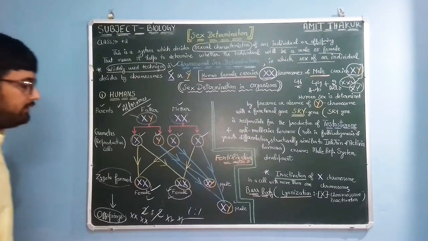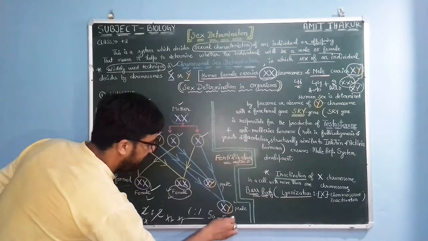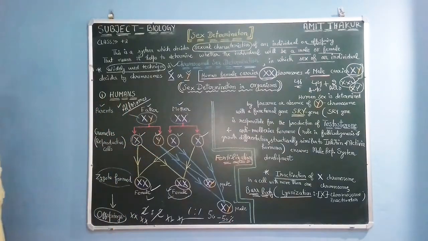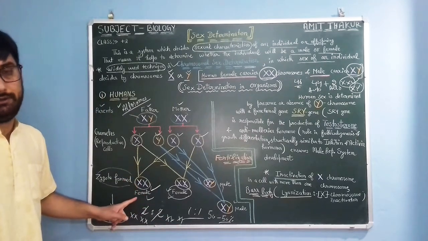What does it mean? There is a 50-50% possibility of having a male child and a female child.